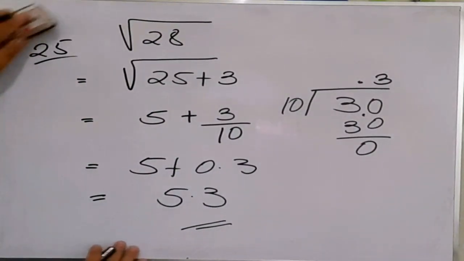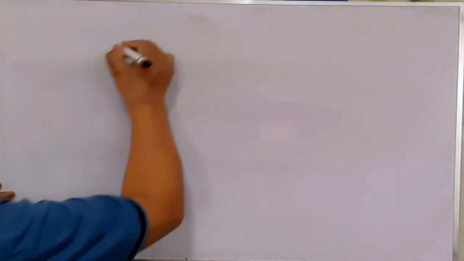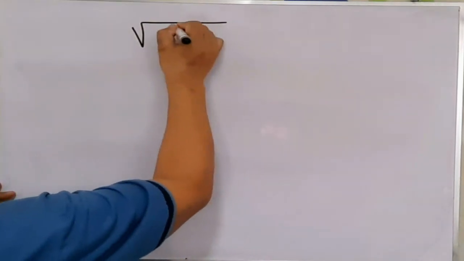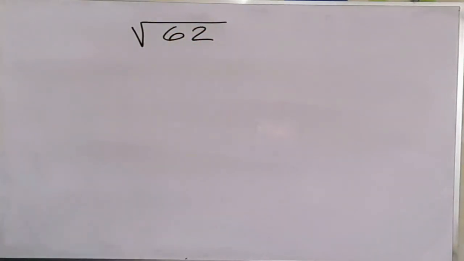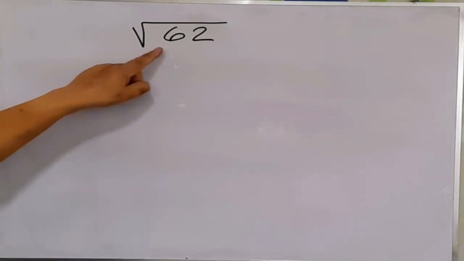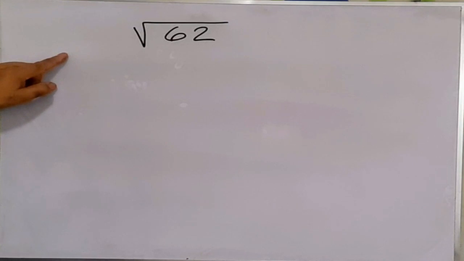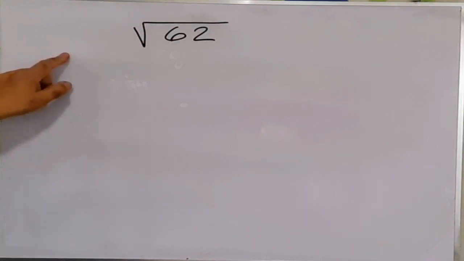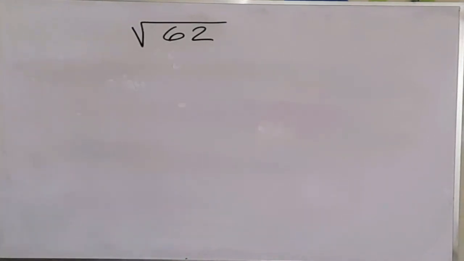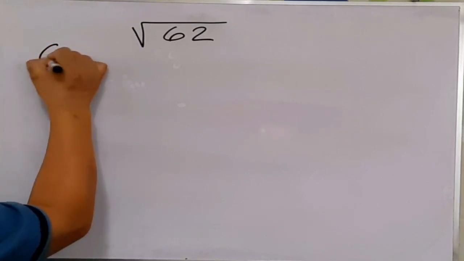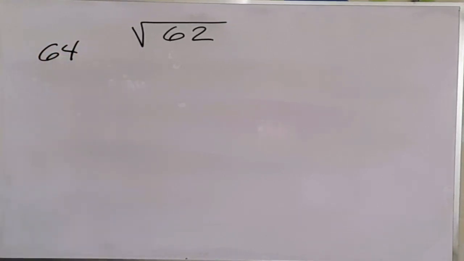Let's take another example. Let's take the square root of 62. What is the perfect square closest to 62? 7 squared is 49 and 8 squared is 64. That means the closest perfect square is 64.